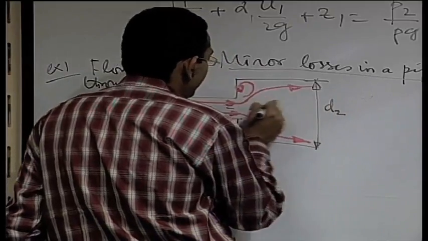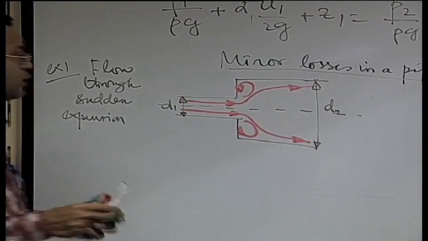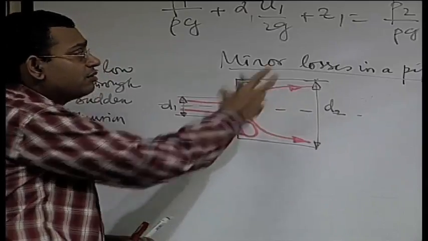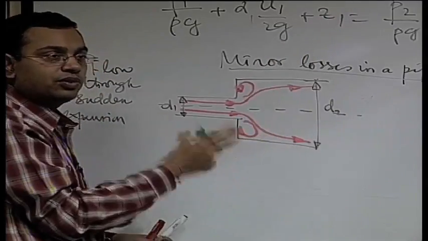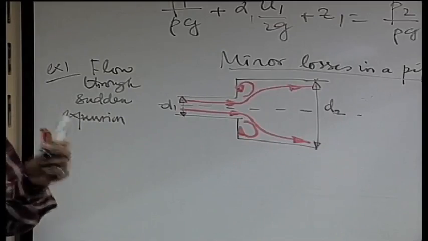We are interested in finding the loss because of flow through the sudden expansion, and when we find it, we isolate the effect of the loss due to the length of the pipe. So we only consider the loss due to the sudden expansion effect, not the length effect.